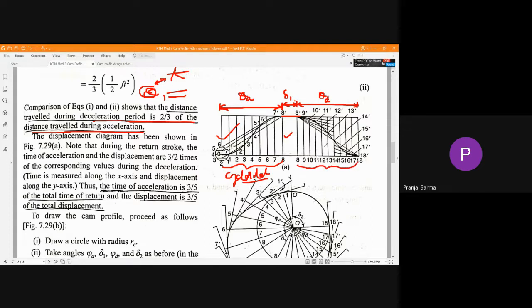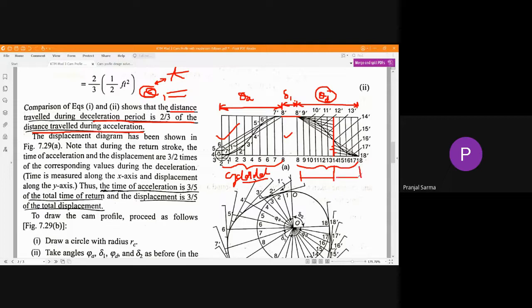Okay, so here, during the return stroke, the relationship was that the distance traveled during the deceleration period is two-thirds of the distance traveled during acceleration. That's why, where we are making the equal space divisions, it is not a 50-50 ratio.